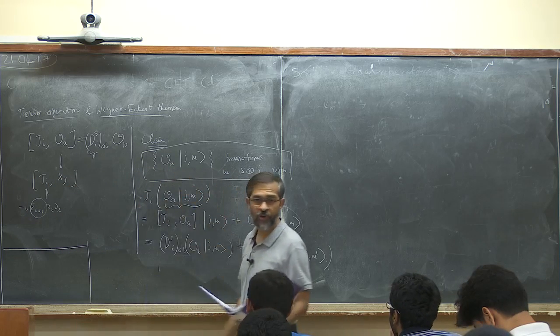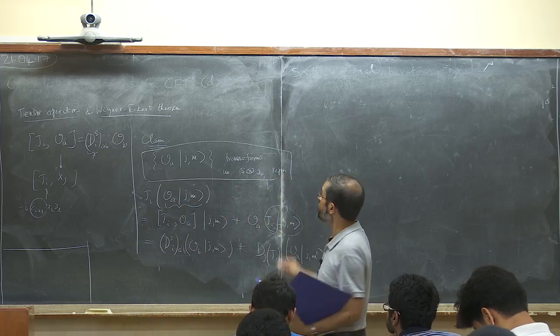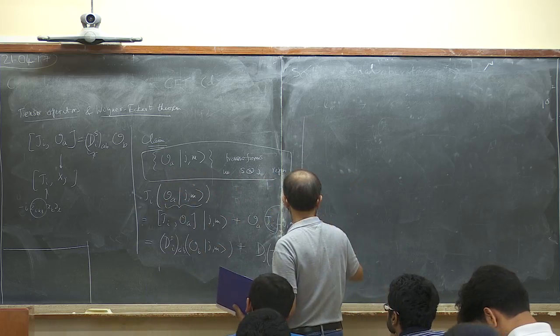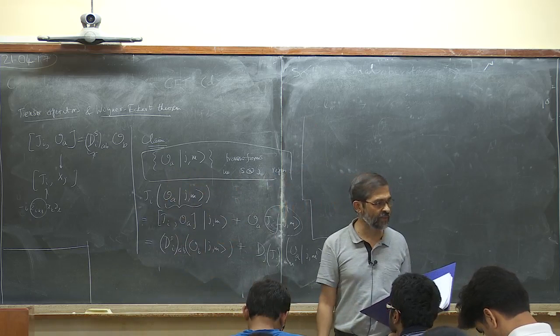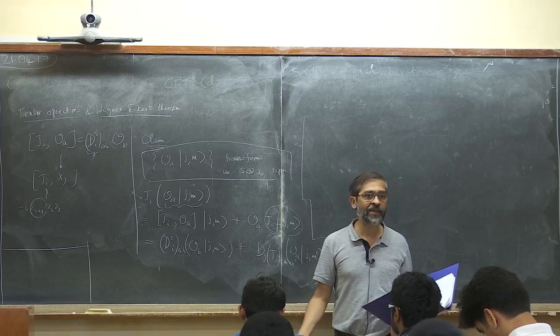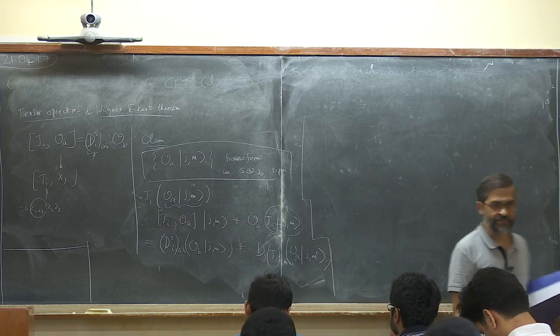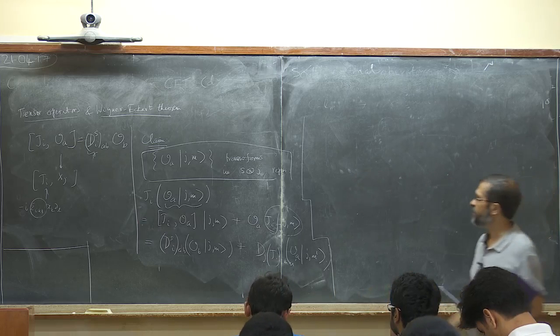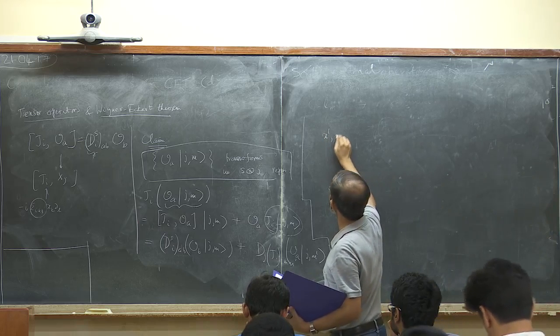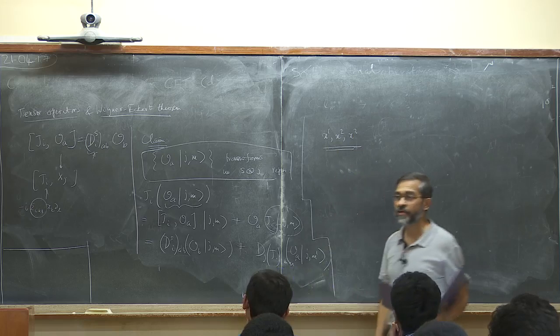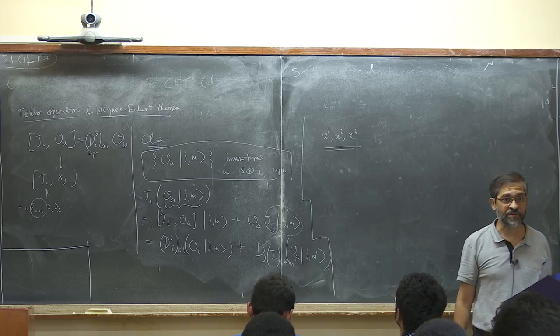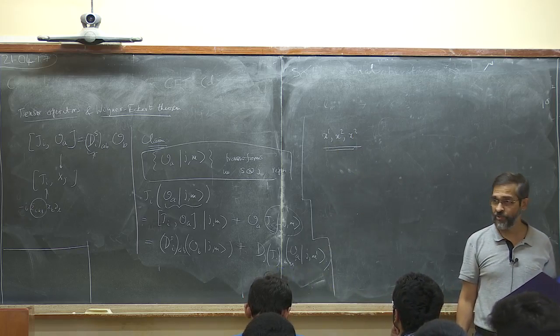Let me make it even more obvious. This A might throw you off balance. Let me take linear combinations of these O's in such a way that they become eigenoperators of J_3. Just like if you have x_1, x_2, x_3, these are not eigenoperators of J_3. Everybody with me?